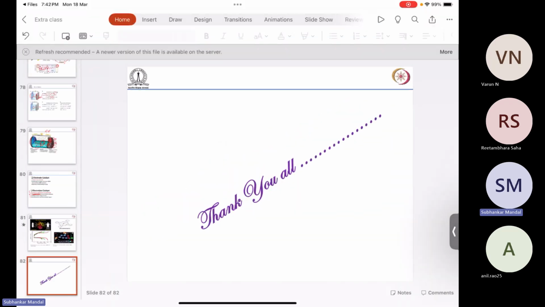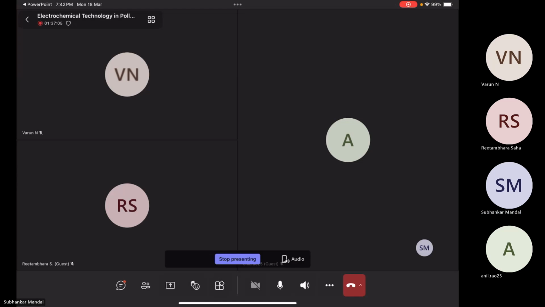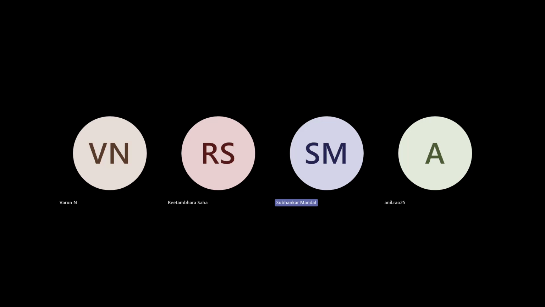Okay, now I can show what are the... I hope all people got whatever we have discussed. I can show now the conduct of the potentiometric titration part.